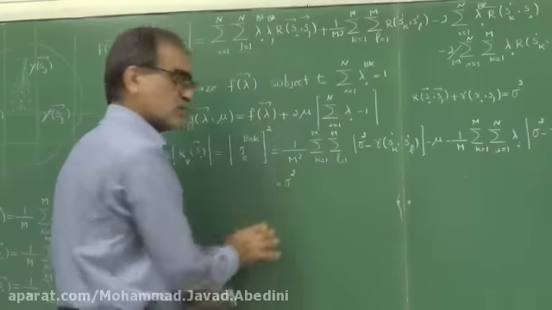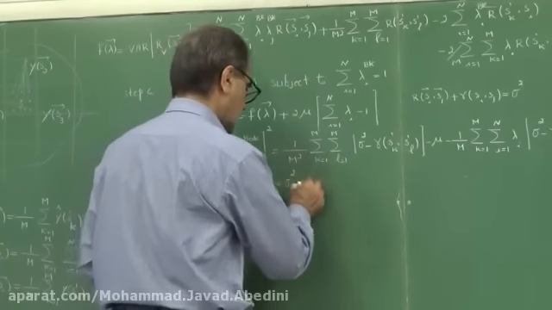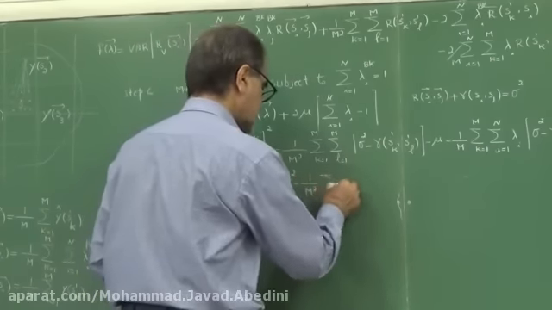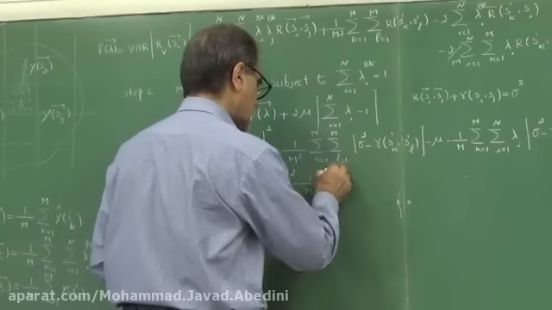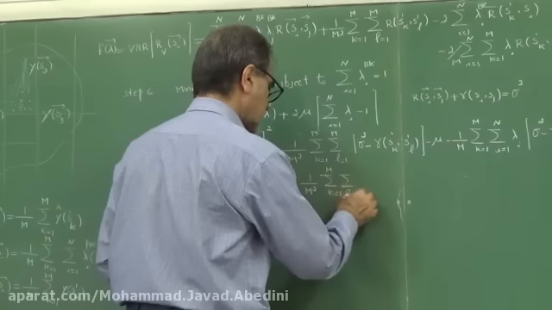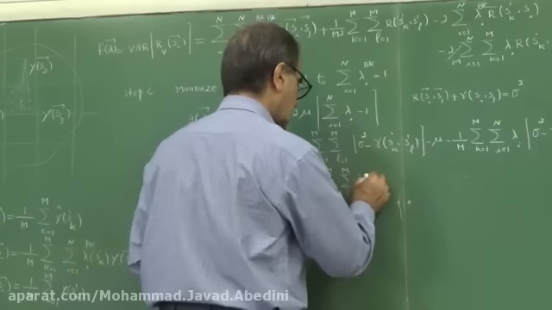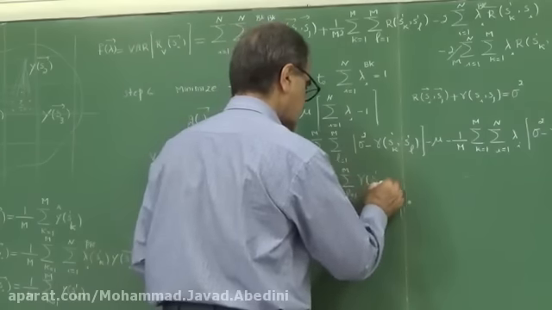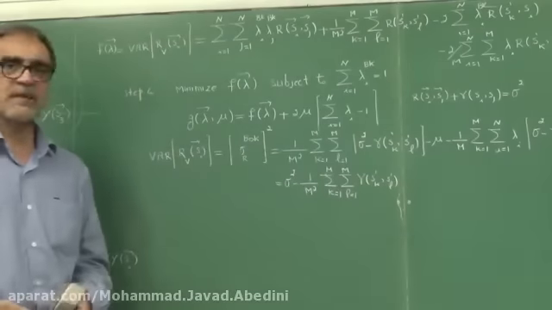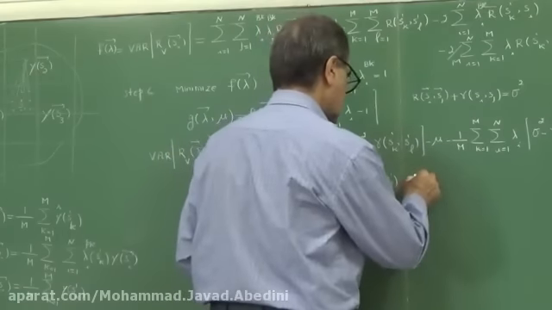Therefore, this part is sigma square minus 1 over m square summation k from 1 to m, summation L from 1 to m, gamma S prime K S prime L. Minus mu.